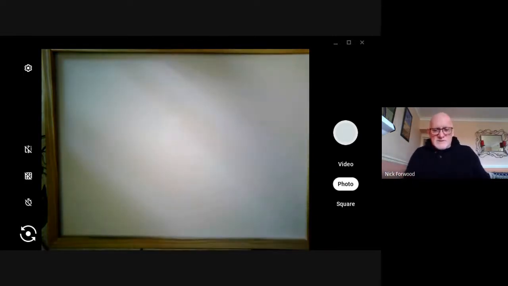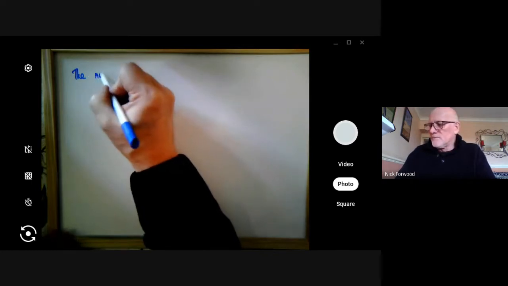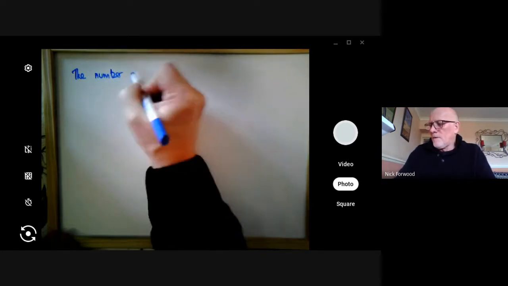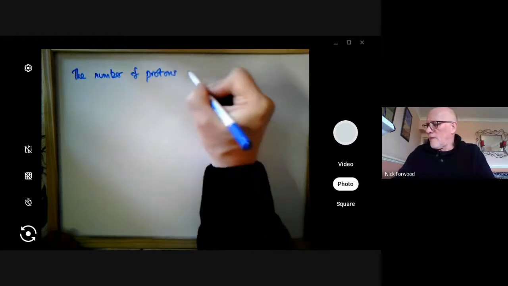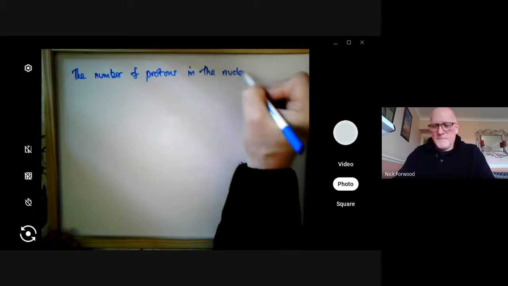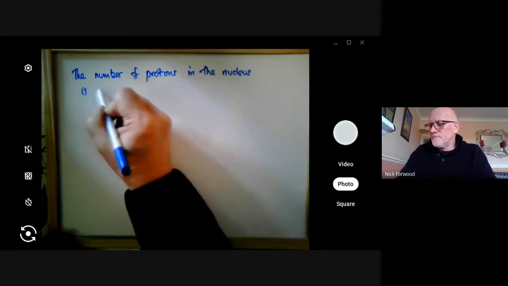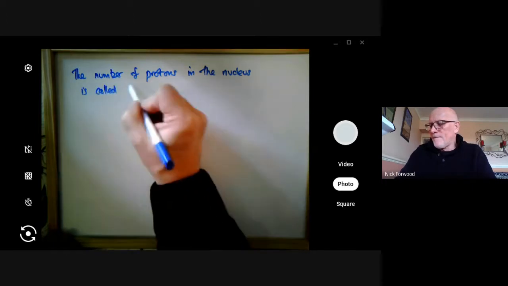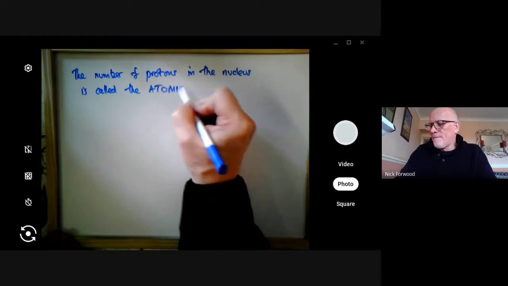Okay, so the number of protons in the nucleus is called the atomic number.